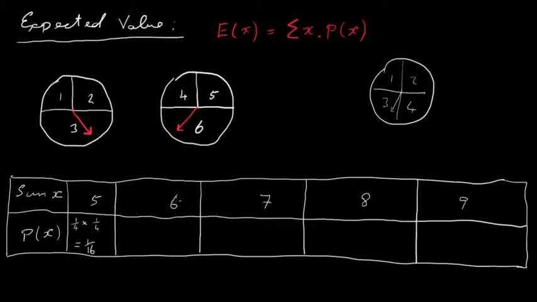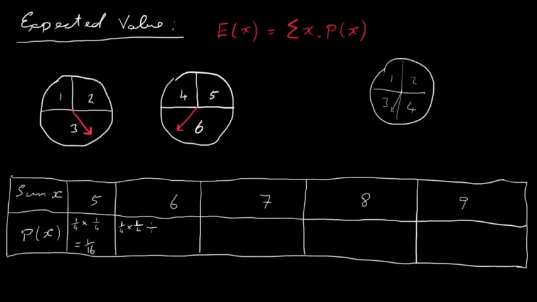Okay, so what about the probability of getting a 6? There are two ways that we can get a 6. If this arrow lands on a 1 and this arrow lands on a 5, that'll give us a 6. The probability of this landing on a 1 is a quarter, and this landing on a 5 is a quarter also, so that's a quarter times a quarter.